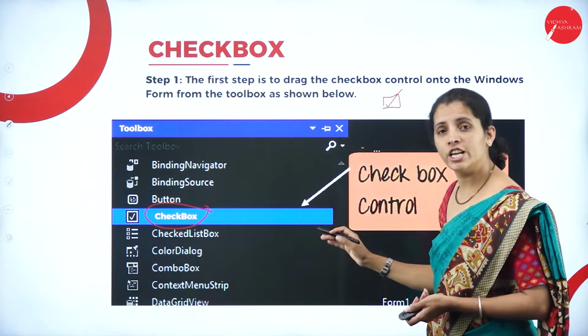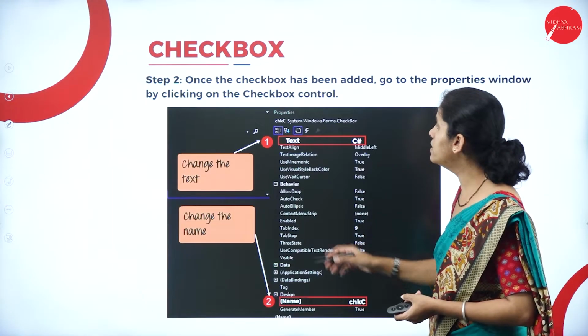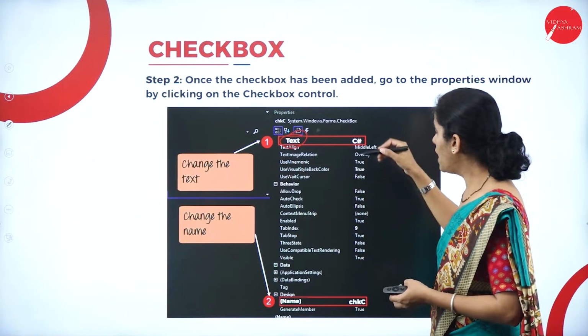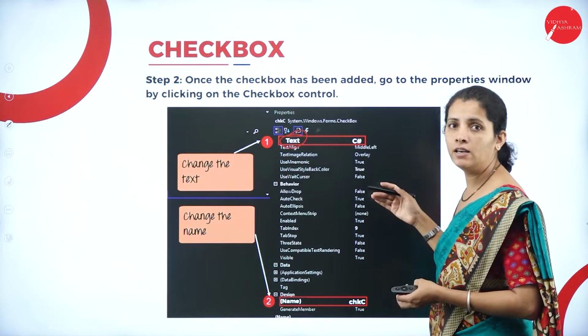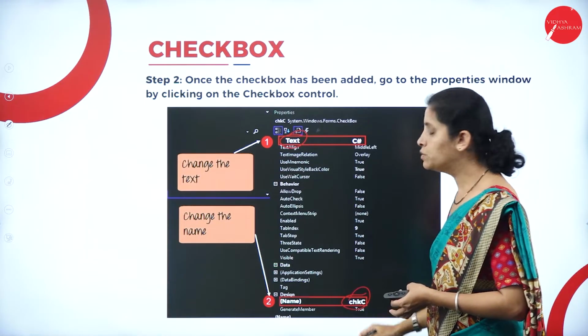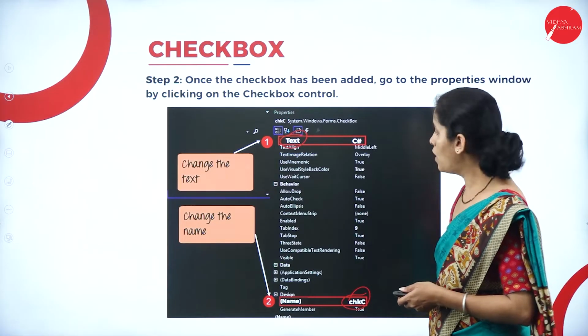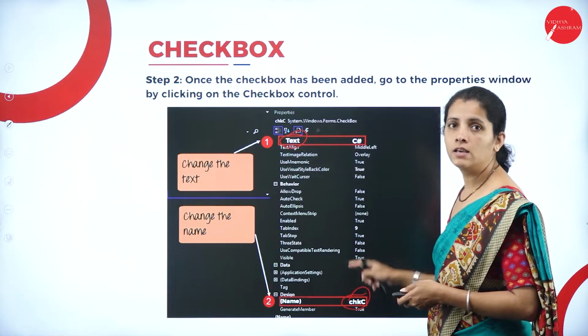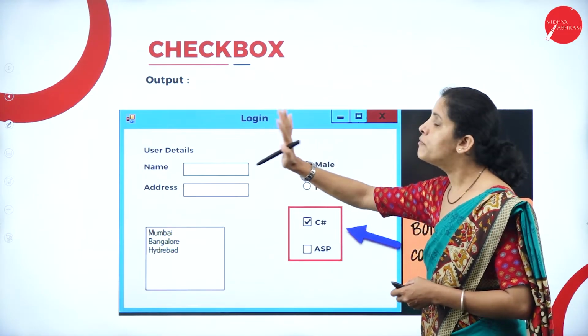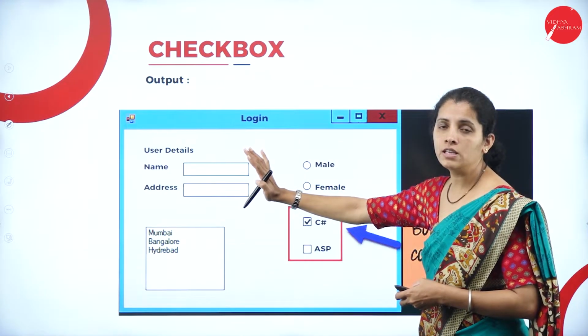Now you have to change the property. So here you have to change the text, and you have to provide different subject names. At the same time, you have to change the ID or name of the subject. So dear student, this is the final output of this form.